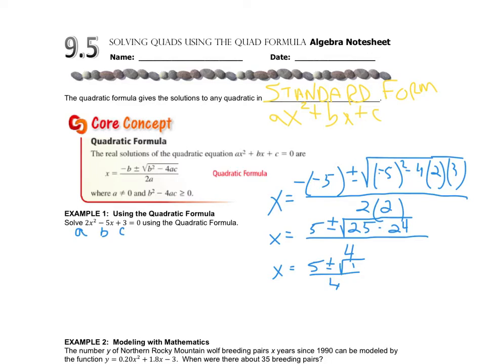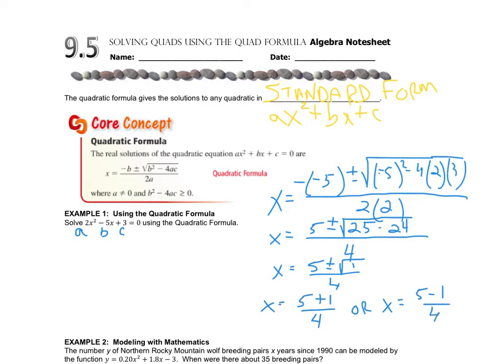This one happens to be perfect because it's a perfect square. So what I do with this is I'm going to have two breakouts at this point. I'm going to say 5, the square root of 1, remember, is a positive 1, or x equals 5 minus 1 over 4.